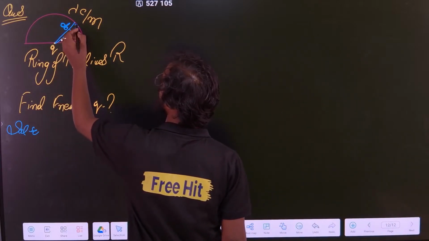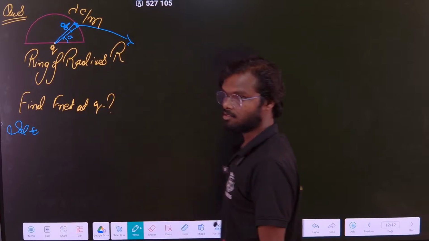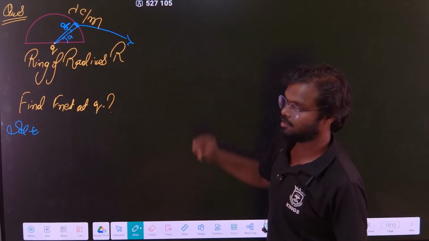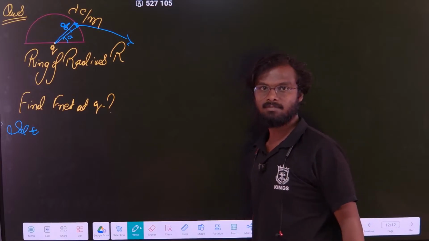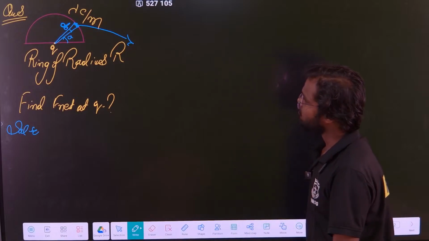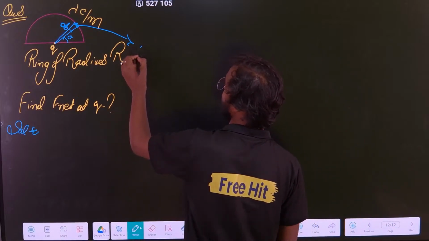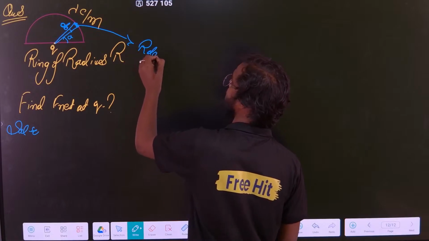What is this small length? Arc length is equal to r into θ, so you will get r dθ. Correct?